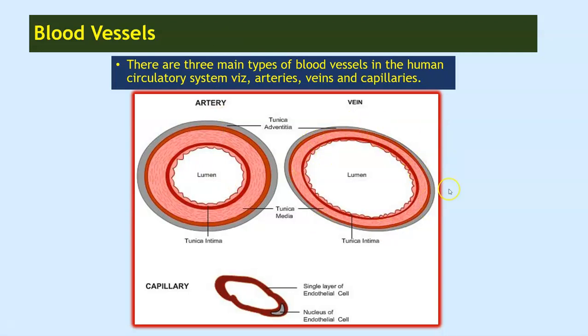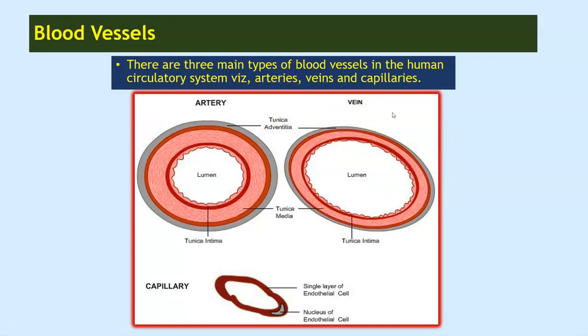This here is how a vein looks. Now veins, these are vessels which carry blood to the heart, and so they are basically carrying blood from the different parts of the body back to your heart. They have a broad lumen and they show low blood pressures. So here you can see the lumen is broad, but you can see that they are thin walled.